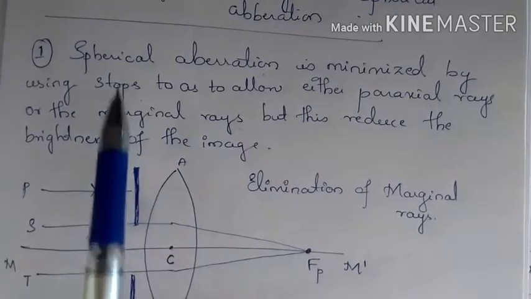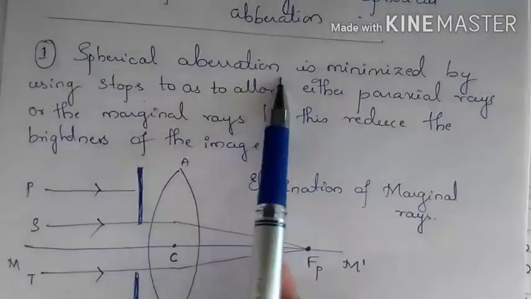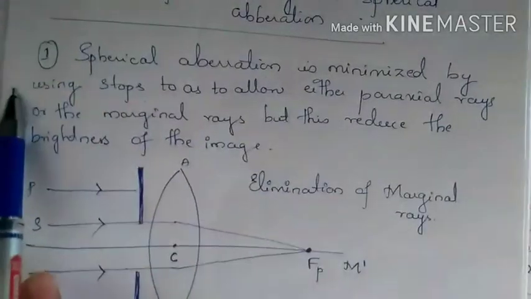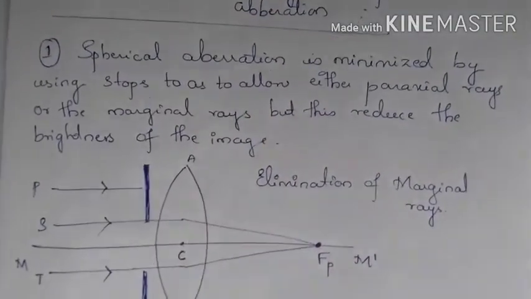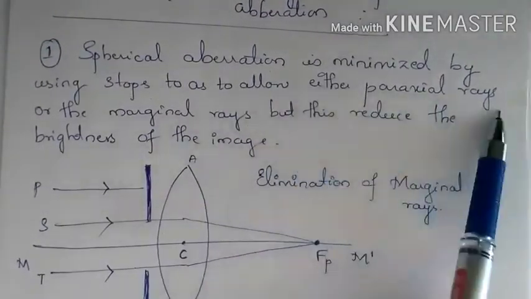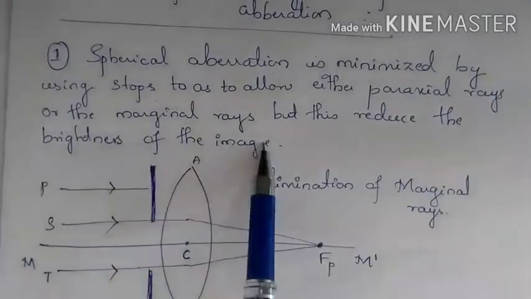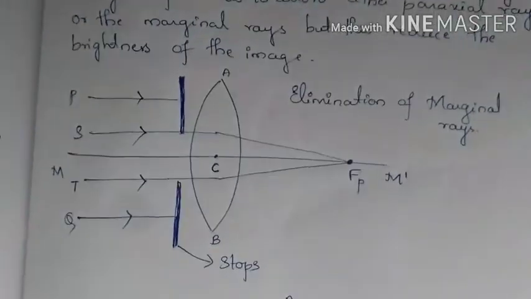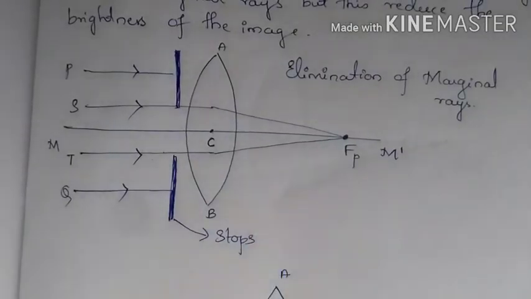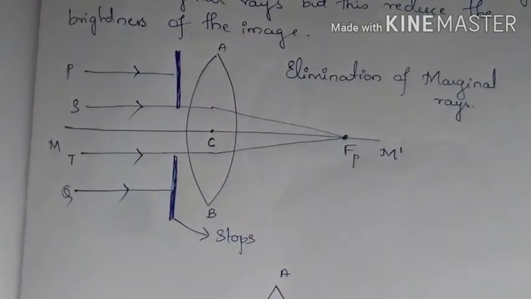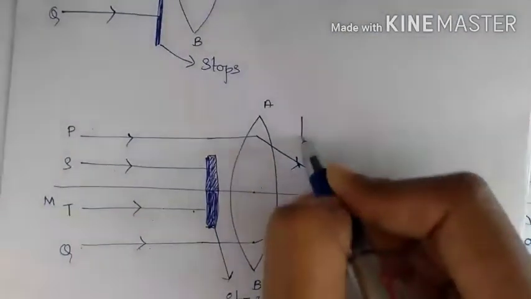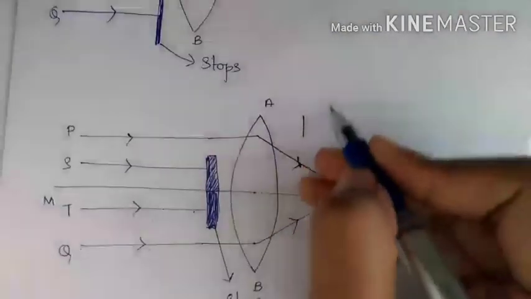So what is the first method? The spherical aberration is minimized by using stops to allow either the paraxial rays or the marginal rays, but this reduces the brightness of the image. To eliminate marginal rays, you have used the stops, and to eliminate the paraxial rays, you have again used the stops.